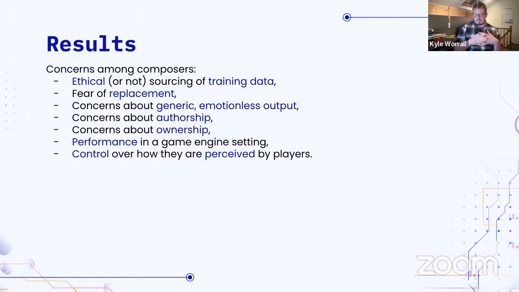They did have this really big concern that if an algorithm, maybe a generator, is used in a game and is not widely known to the player base, and then it generates something that totally clashes with the piece of music they've written, how does this affect the perception of them as a professional composer?